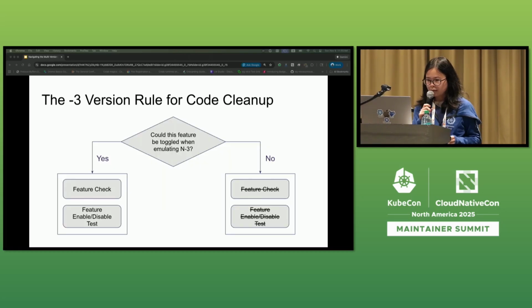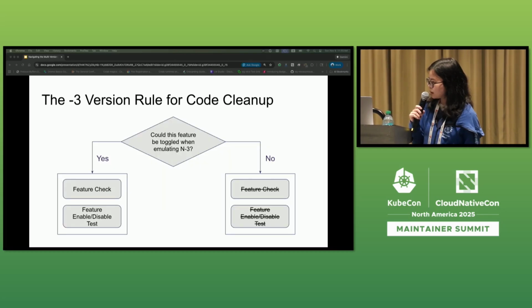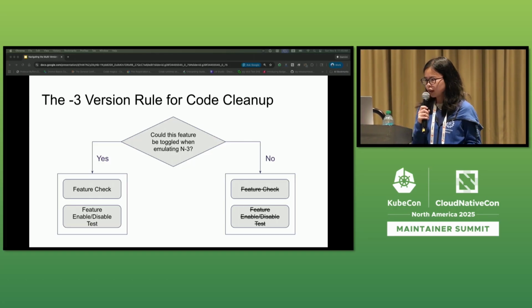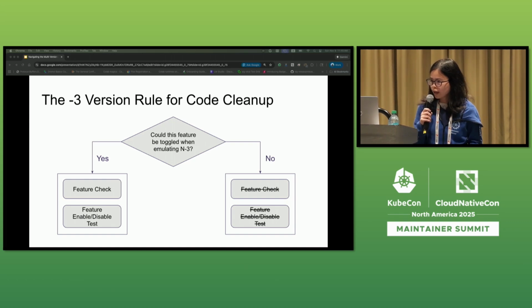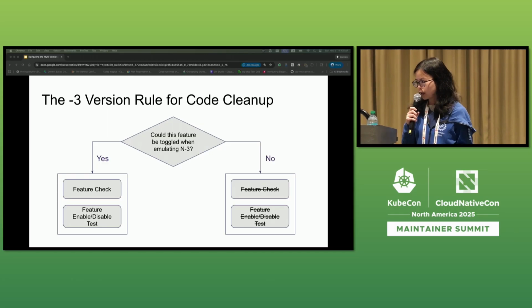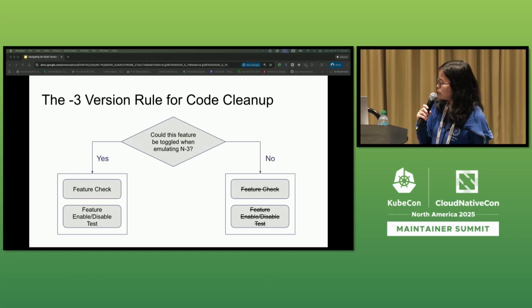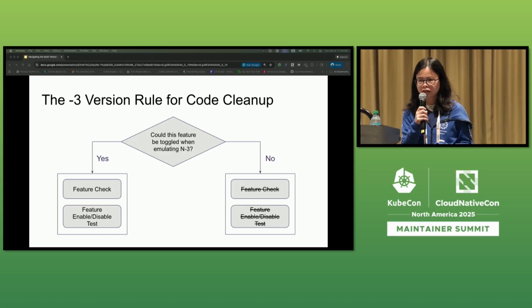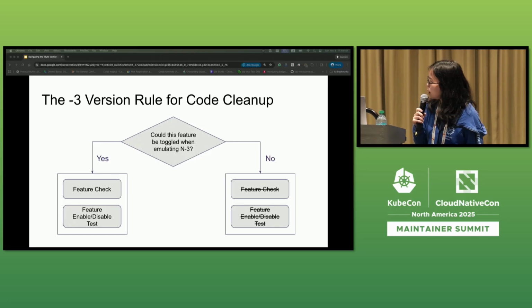And then because of this, and also for emulated version, we are supporting up to N-3. So that means we have this 3-version rule for code cleaning up. So if you're graduating a feature to GA, or if you're deprecating a feature gate, you need to now think about whether this could impact how the emulation version works.